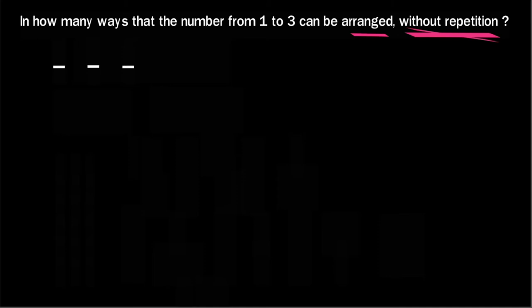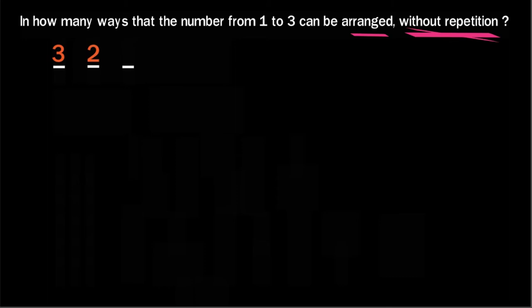So how many possible ways can we fill out the first digit? 1, 2, and 3. So there are 3 possible outcomes. After we fill out the first digit, how many different ways can we fill out the second digit? There are actually 2 possible ways.